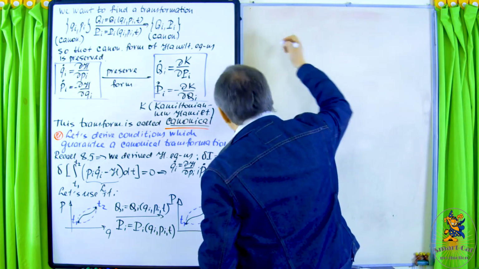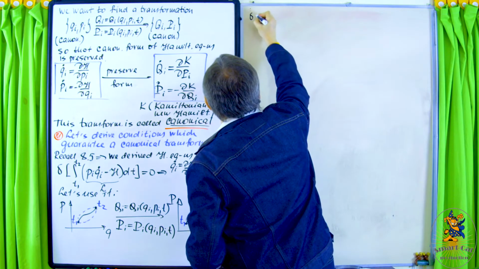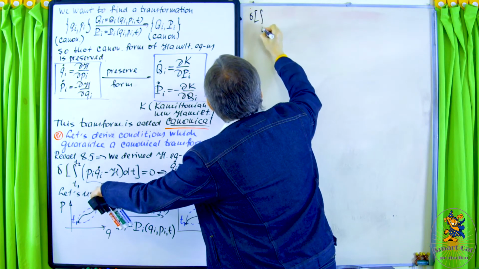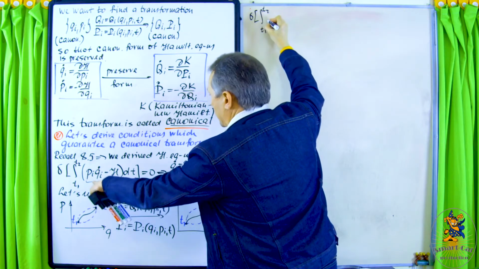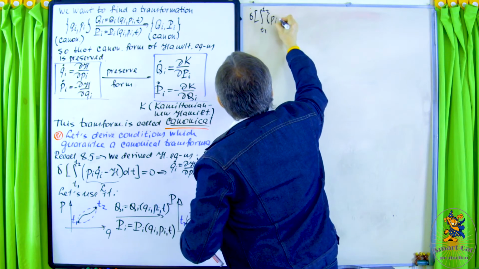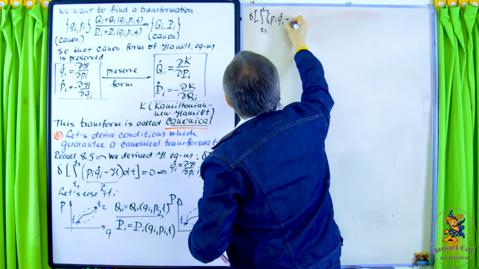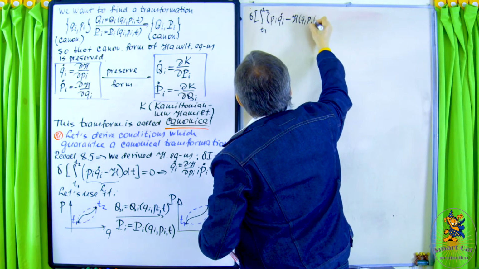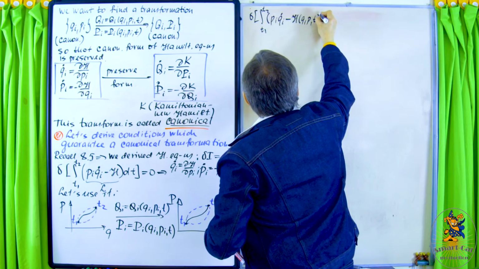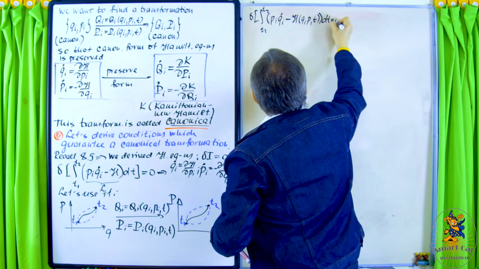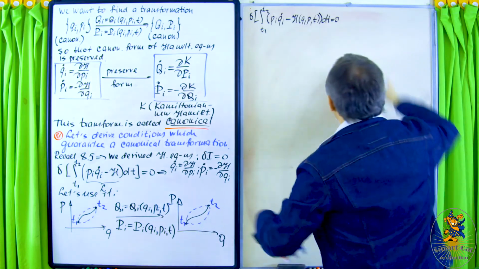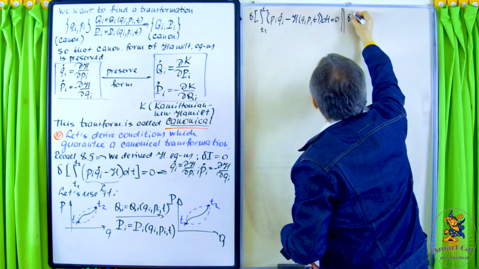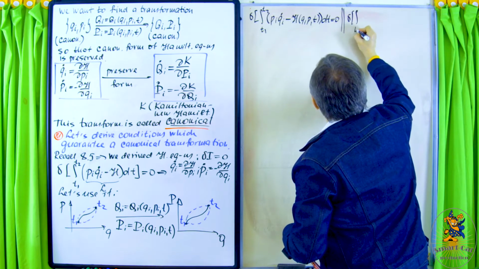Okay, so as a result, this must be true for the old coordinates, so the variation of the integral from t1 to t2 of pi qi dot minus Hamiltonian, which is a function of q, p, t small, dt, equals 0. And for these guys, for capital, I can write exactly the same, but now in terms of capitals.